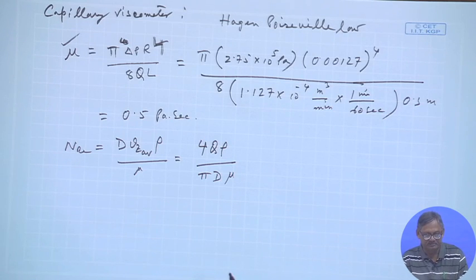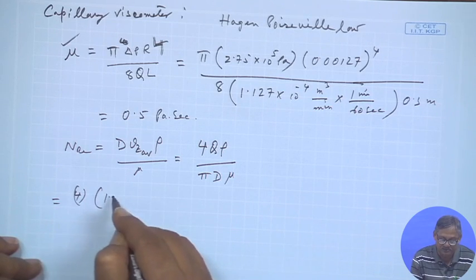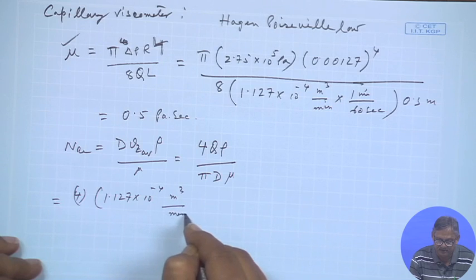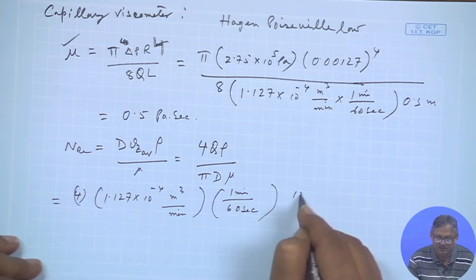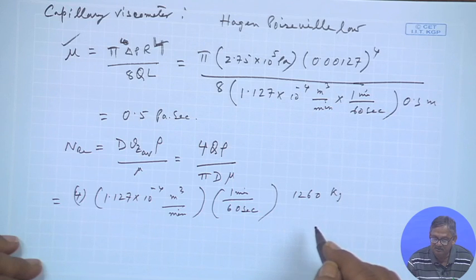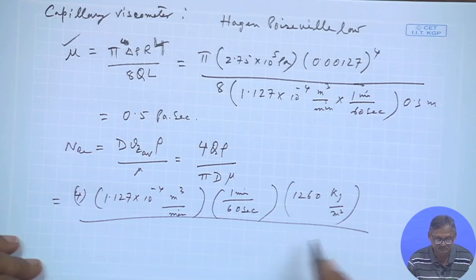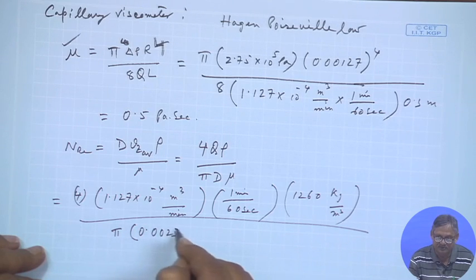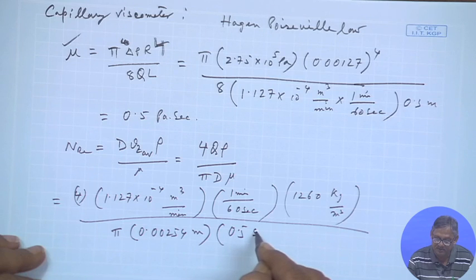If we substitute these values, this is equals to 4 times 1.127 10 to the power minus 4 meter cube per minute, 1 minute per 60 second, times 1260 kg per meter cube, divided by pi times 0.00254 meter times 0.5 Pascal second, as given.